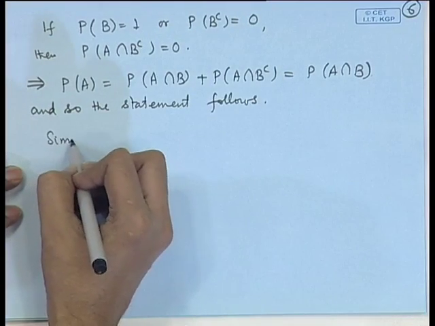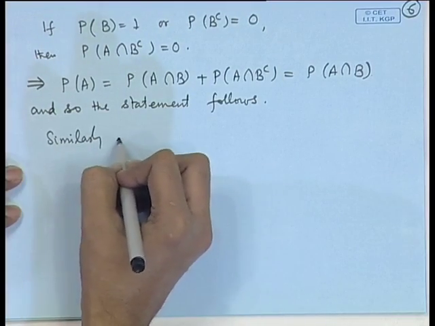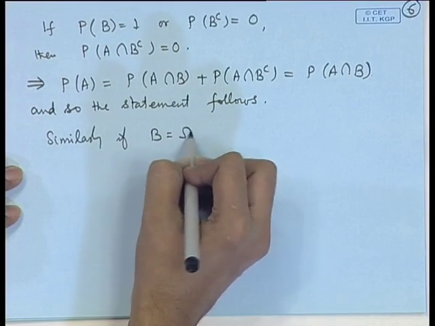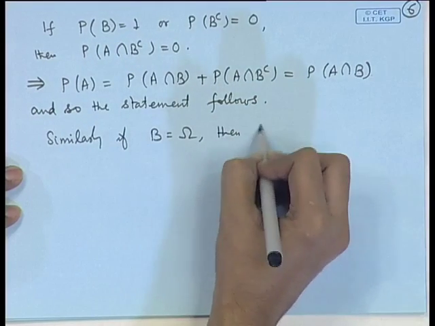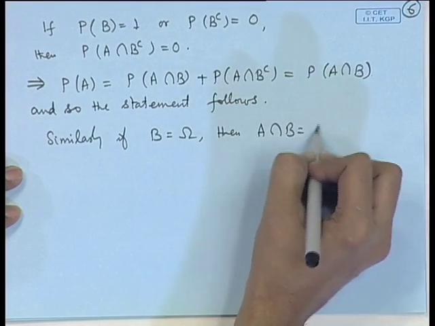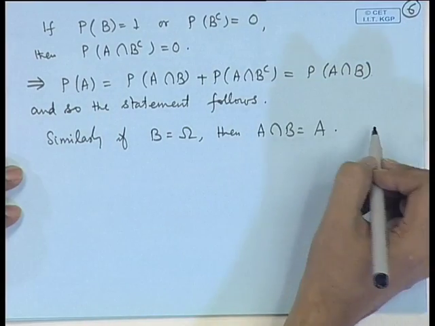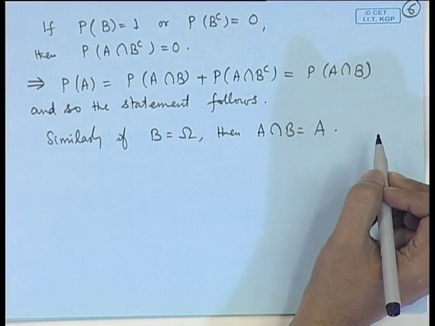Similarly, if B is omega, then A intersection B is simply A, and the statement is true.